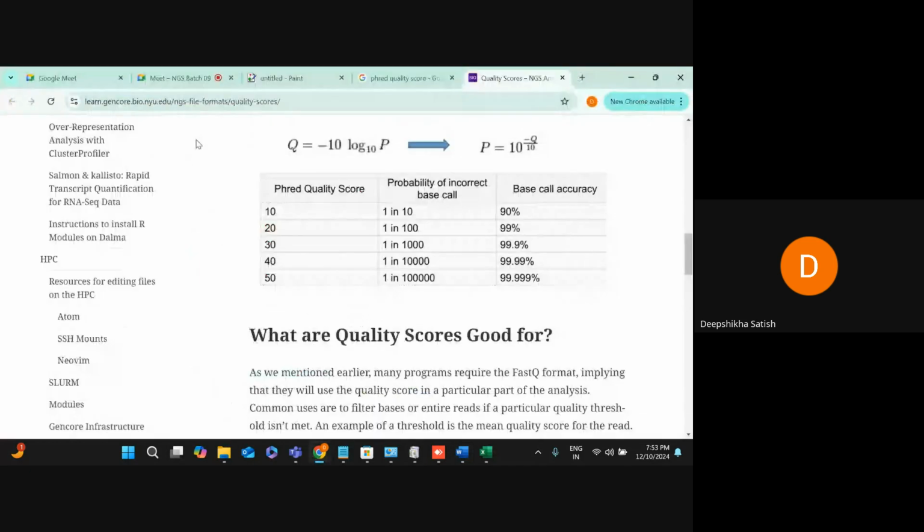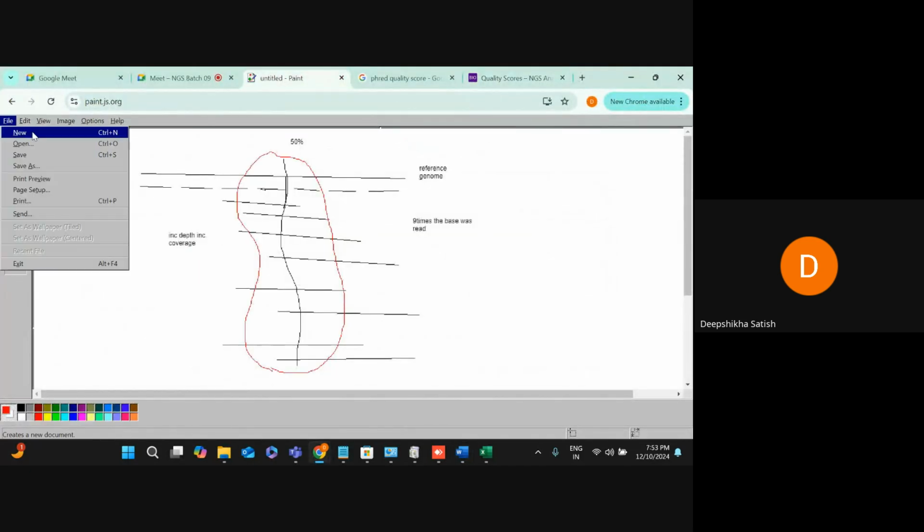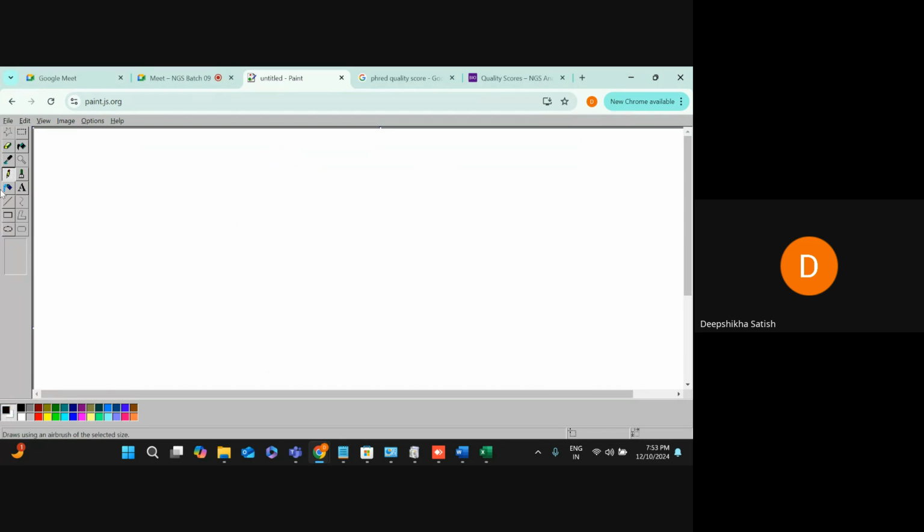Let me tell you with the help of a diagram. So this is the read.